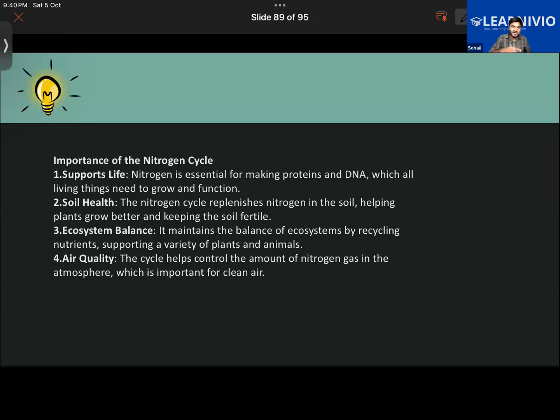The plants had earlier taken up all the nutrients from the soil. Now when the organism dies, those nutrients are returned to the soil. In this manner, there is a cycle of nutrients going on, which maintains a balance in the ecosystem.